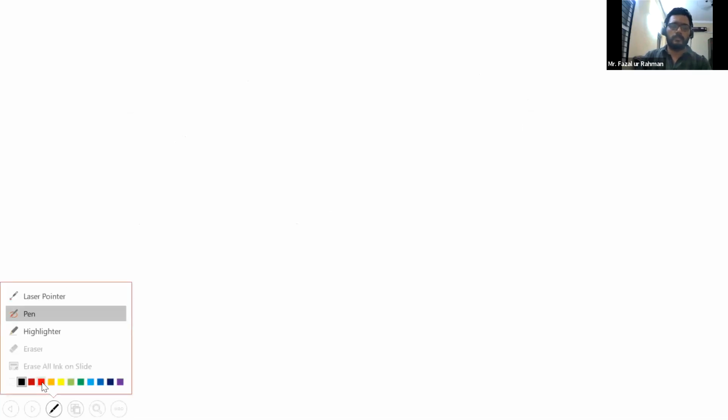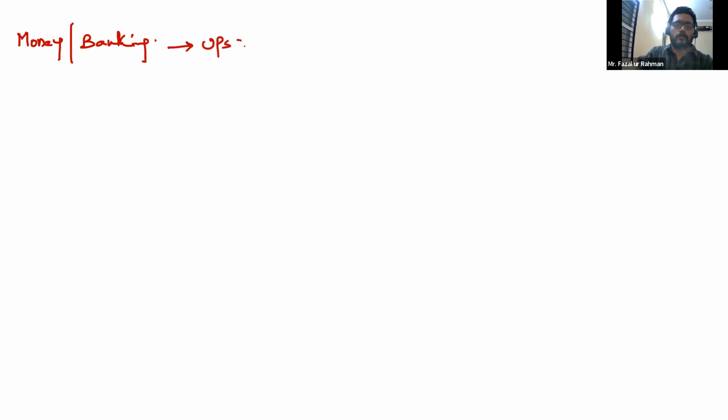The syllabus which has not been covered as of now, we will immediately shift to that, that is money and banking. Money and banking is what we are going to cover in this class. What UPSC is expecting from you is very important.